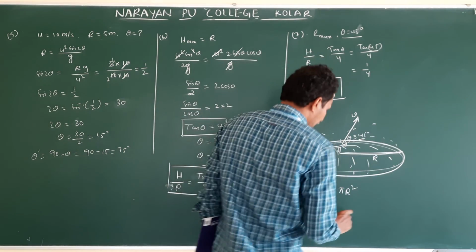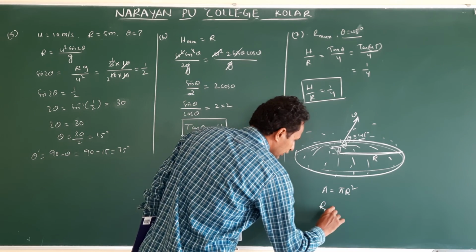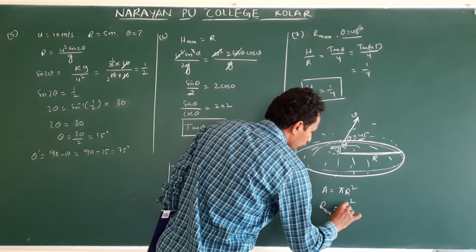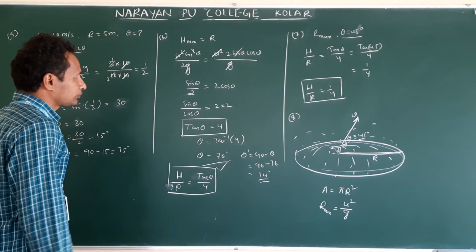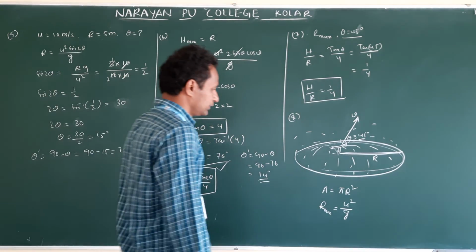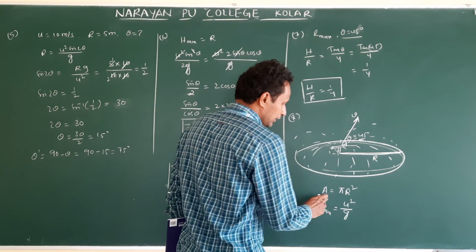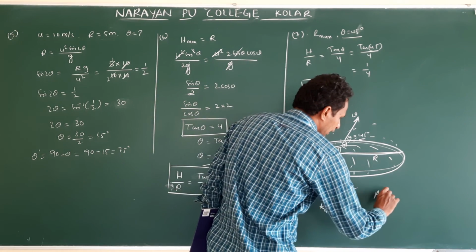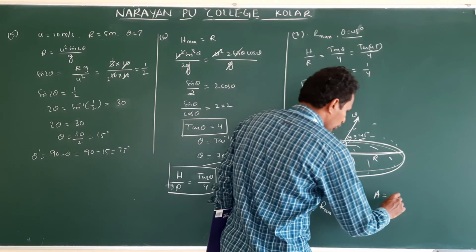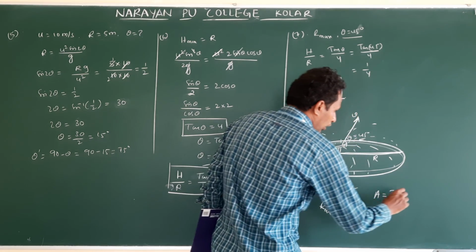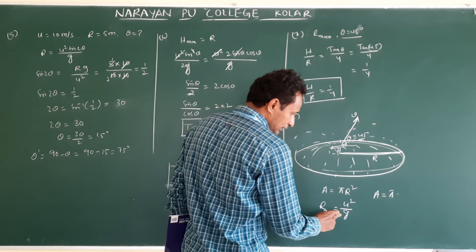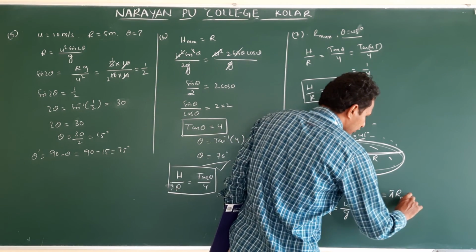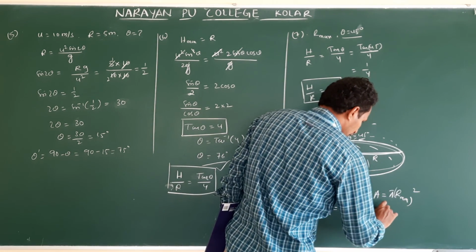Clear? What is the r max formula? When theta is equal to 45, it is u square by g. Am I correct? Then substitute this value in the area. The maximum area covered by the bullets, A is equal to pi into r square, where r is u square by g, or we can write r max square.